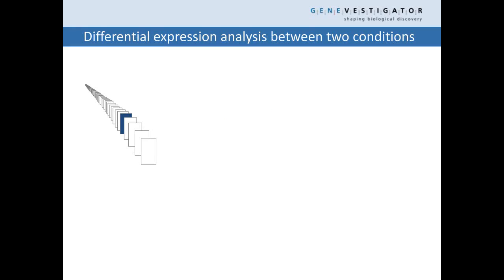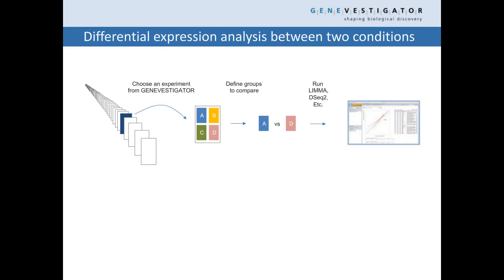So let's get started immediately with the topic of differential expression. As a scientist, you may have to do gene expression experiments where you compare a treatment and a control. Typically you would either have your own experiment or you choose one from GENEVESTIGATOR, and you define the treatment groups and the control group, and then you can run a differential expression analysis.